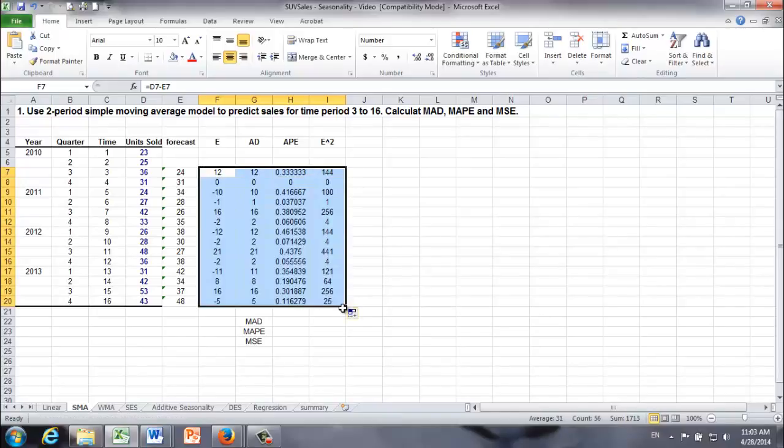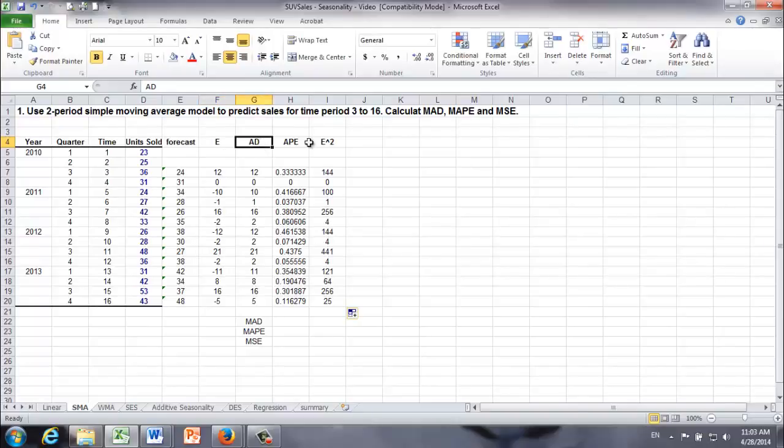Here we go. And you may wonder, why do we want to calculate forecast error, absolute deviation, and so on and so forth? Well, the answer is straightforward. We would like to calculate MAD, MAPE, and MSE. MAD is nothing but mean absolute deviation. From its name, we can pretty much tell how to calculate MAD in this case.